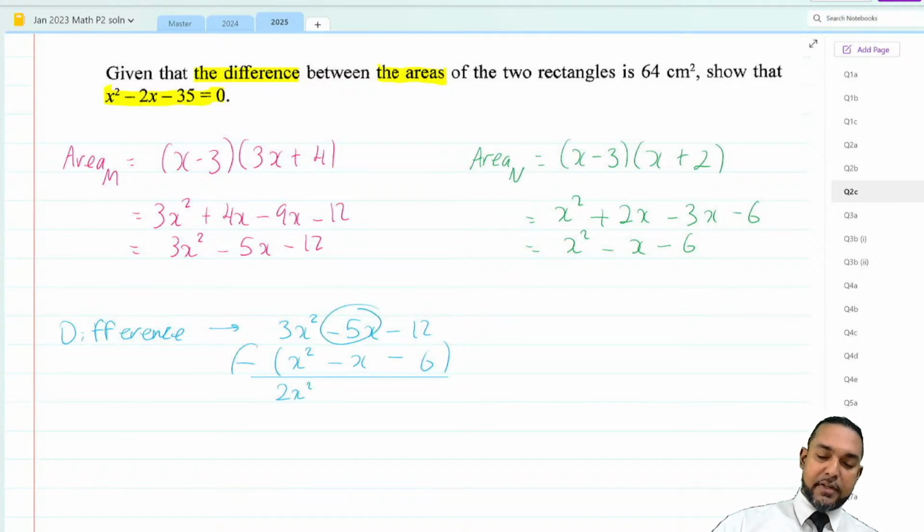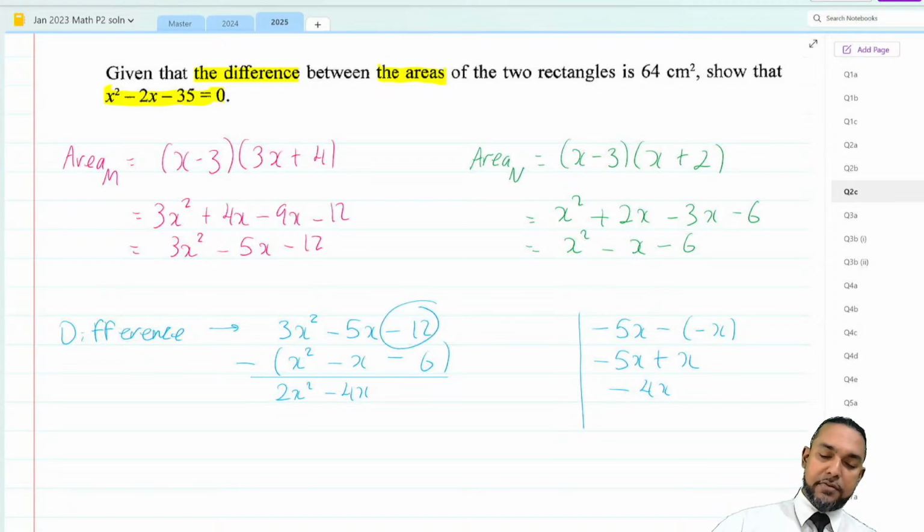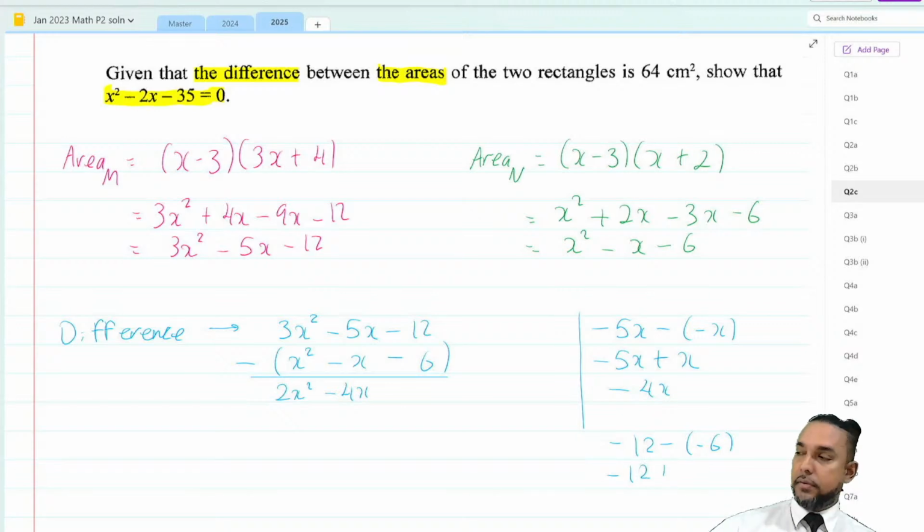Now minus 5X minus X. When you minus a minus, it becomes a plus. Minus 5X plus X is minus 4X. Minus 12 minus 6, that's minus 12 plus 6, right? That's minus 6, and that's equal to 64.